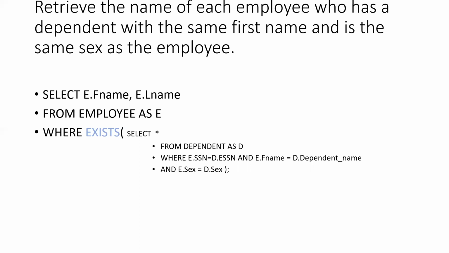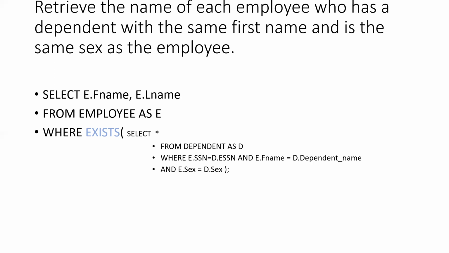And we select the employee's SSN if the dependent's first name is equal to the employee's first name as well as the dependent's sex is equal to the employee's sex. So we select all those dependent tuples.